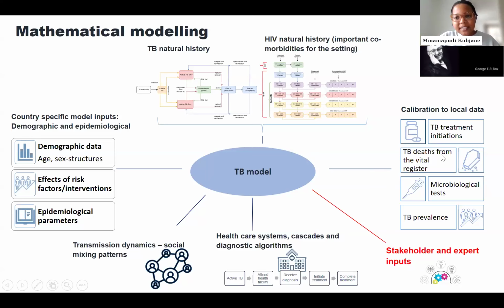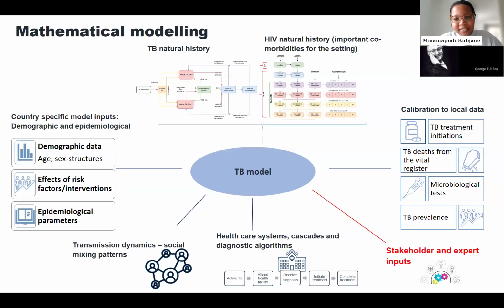And also what is important is what you would eventually use to fit or to make sure that your model is representative of that population. We refer to that as the calibration data. So this could be your notification data, your mortality data from the vital registers, TB prevalence surveys, and also microbiological tests.